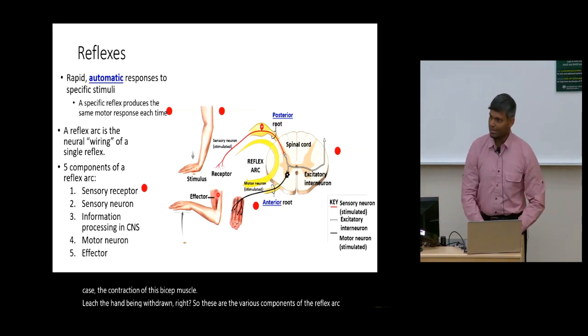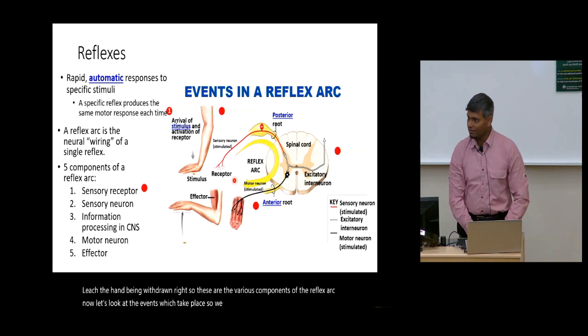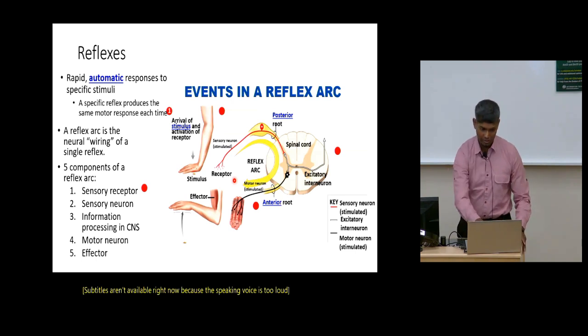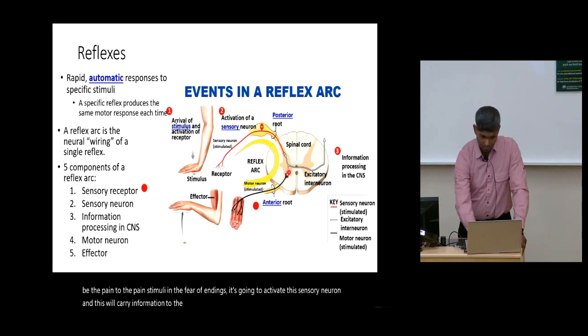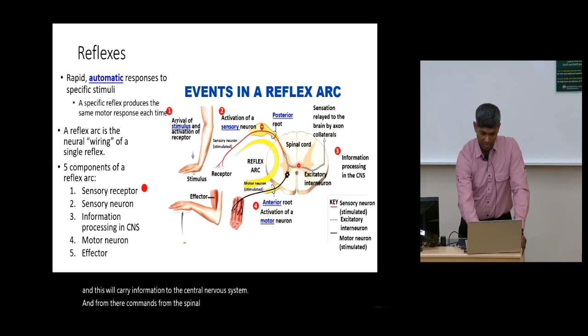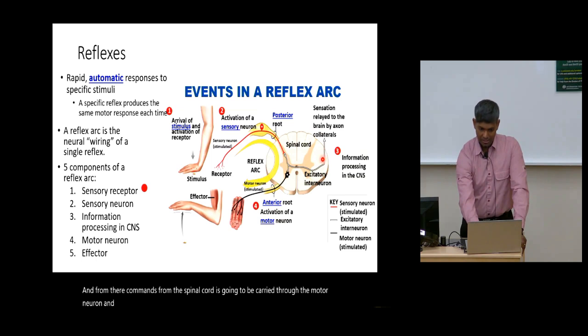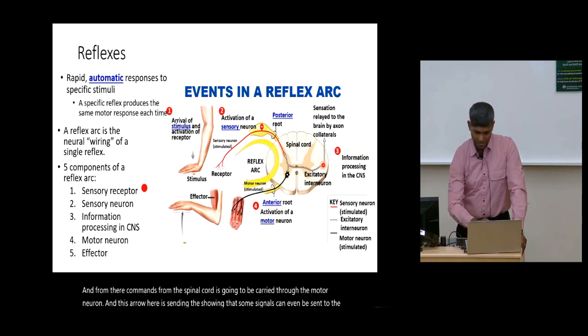Now let's look at the events which take place. So we see that the arrival of the stimulus, which could be the pain stimuli in the free nerve endings, is going to activate this sensory neuron, and this will carry information to the central nervous system, and from there commands from the spinal cord are going to be carried through the motor neuron, and this arrow here is showing that some signals can even be sent to the brain in some cases.